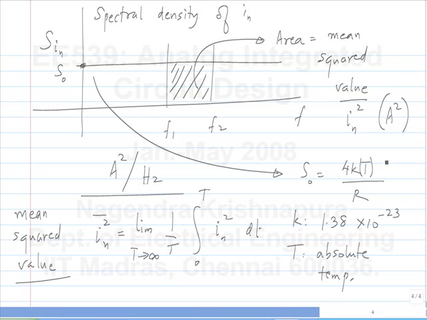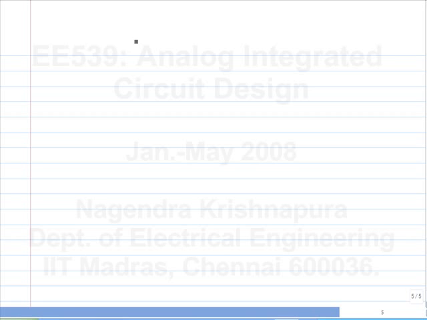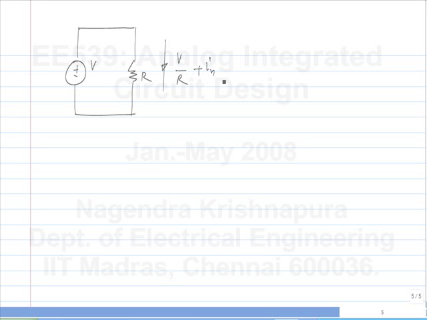So here we will use something less brute force, right, and try to see how to minimize the noise, or at least we will be able to calculate the noise. Based on that, we can see how to control the amount of noise. The bottom line is, a resistance R, when it has a voltage V across it, has a current V by R plus some noise. Okay.